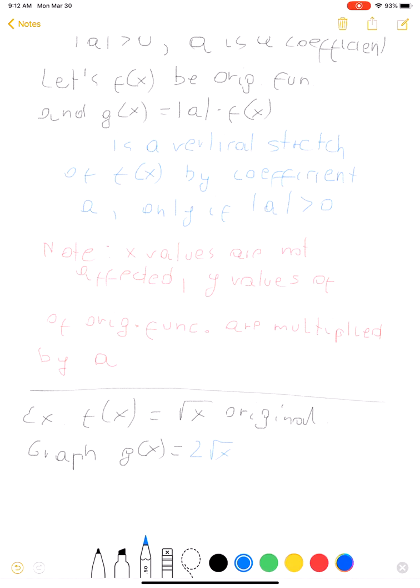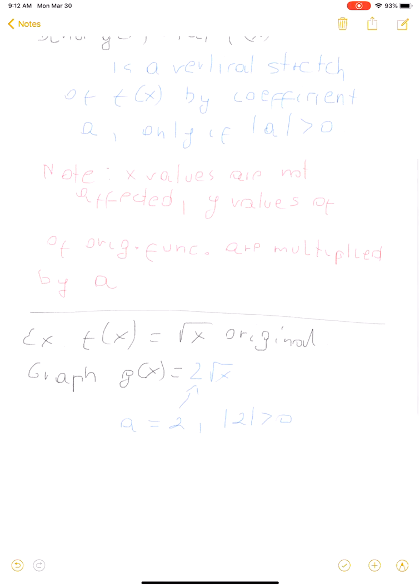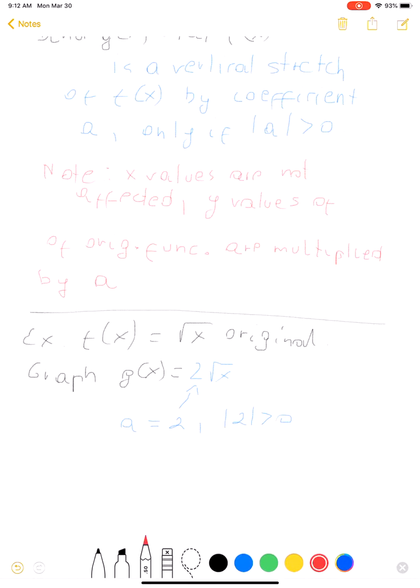Here, you see we have a equal to 2, so our coefficient is 2, and the absolute value of 2 is greater than 0, so we have a vertical stretch.